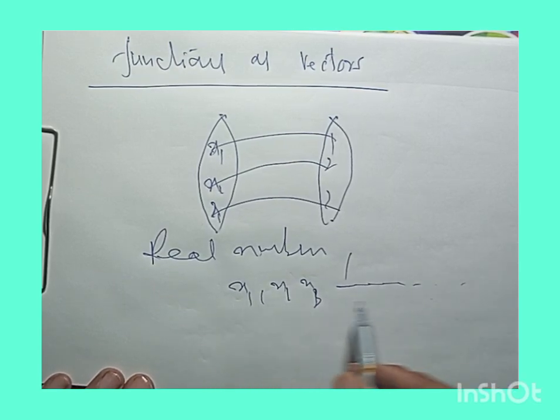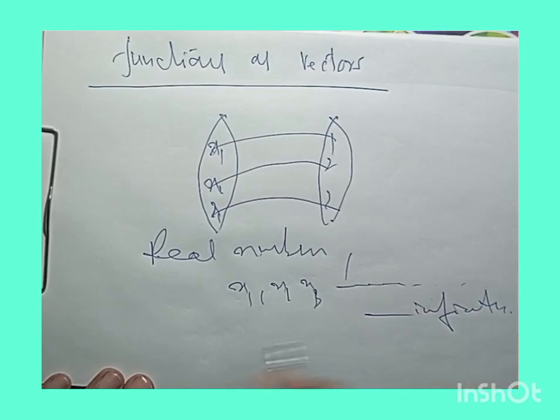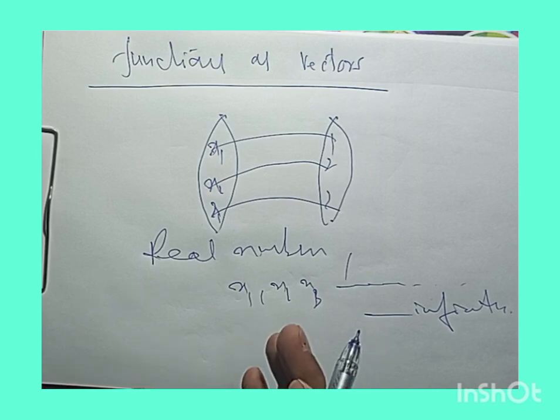Now, this chain of numbers goes to infinity, and the difference between the adjacent numbers is infinitesimally small. We will certainly regard these infinities in detail in some other lecture.